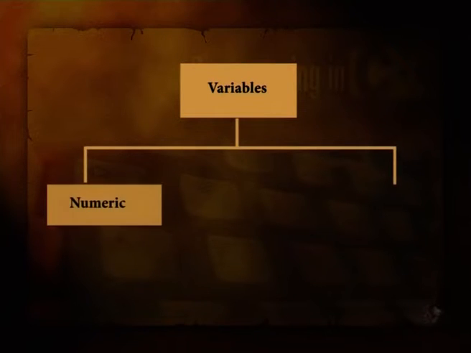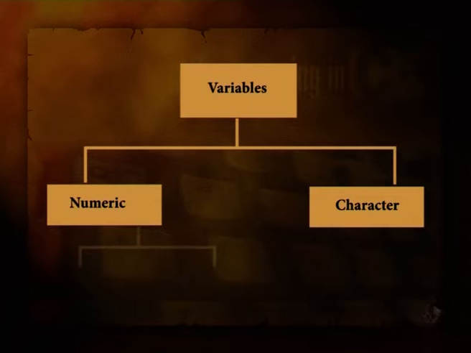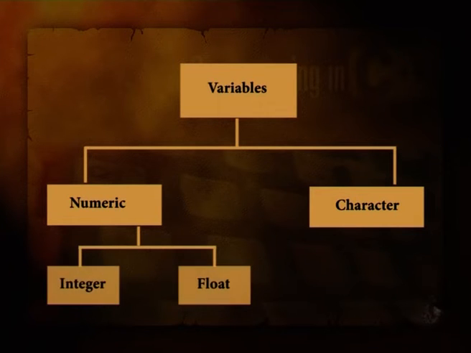Data can be numeric or character in nature. Numeric data can be either integer or float. For example, name, class, roll number, etc. are all variables. Variables can have some value or some formula, or another variable can be assigned to it.